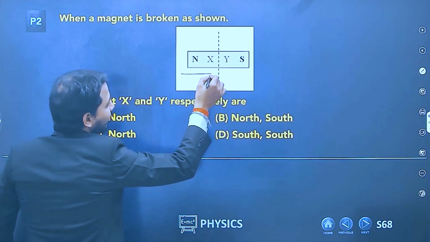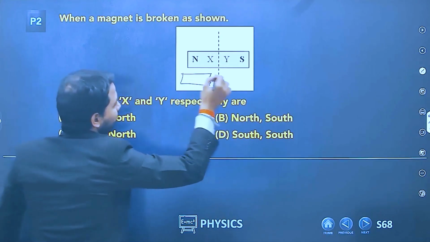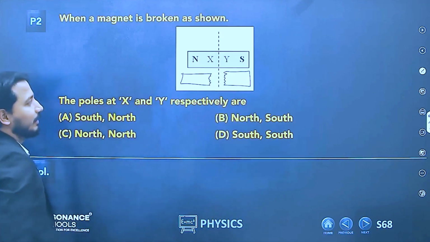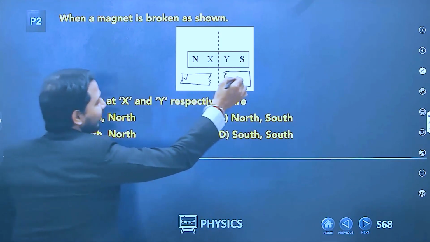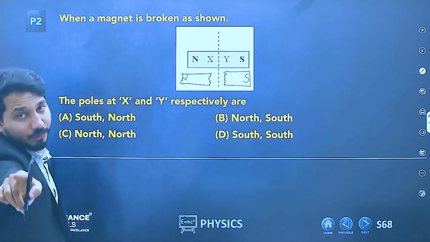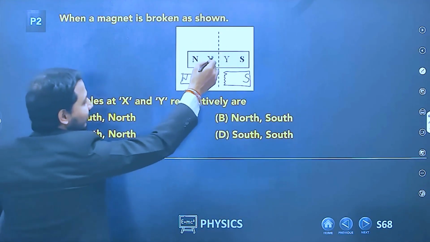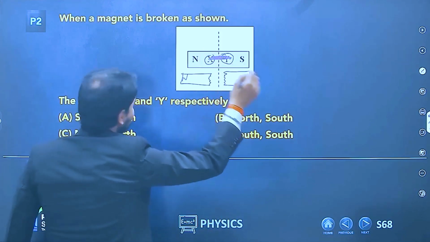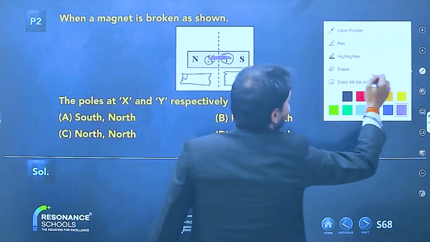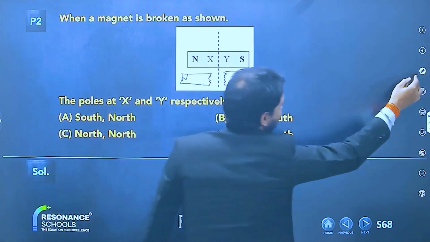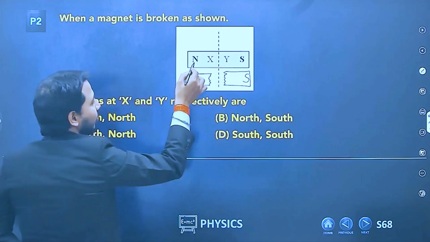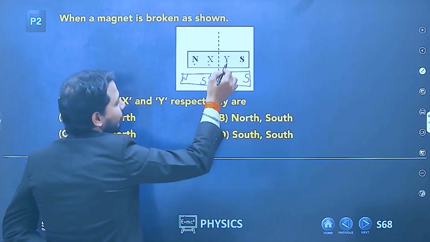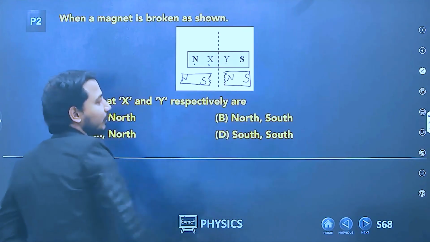If you are breaking it from this direction also, here it is north already given, this pole is south already given in the question, and they are asking about X and Y. If you take X and Y together, here it is north, so X should be south; here it is south, so Y should be north.